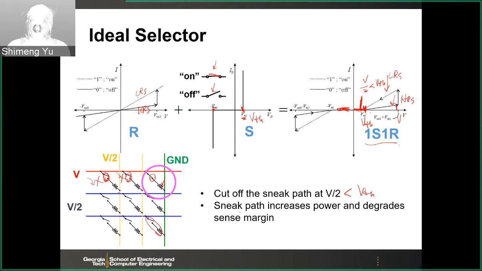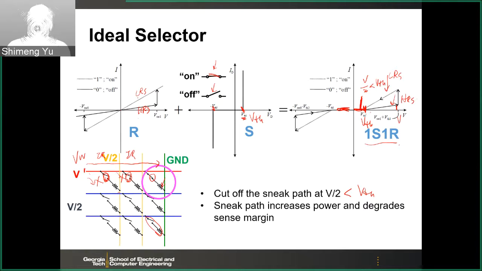So this can minimize the power, and it can also improve the sense margin and the write margin, and reduce the IR drop. Because, as we discussed earlier, if you have the write voltage at the edge of the array, as the current propagates through the wire, at each segment you have the IR drop.